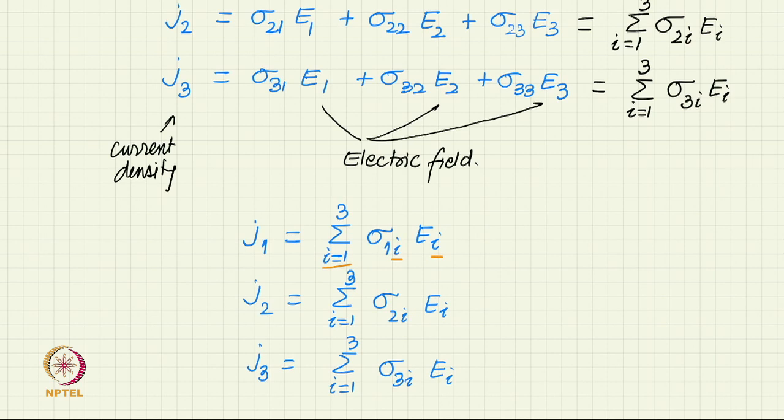So, in all 3 cases the summation is over the repeating index. The simplification which Einstein introduced was simply to drop the summation sign and write it as sigma 1 I E I, and assume that whenever the index is repeated, summation is implied. So, it becomes even easier to write.